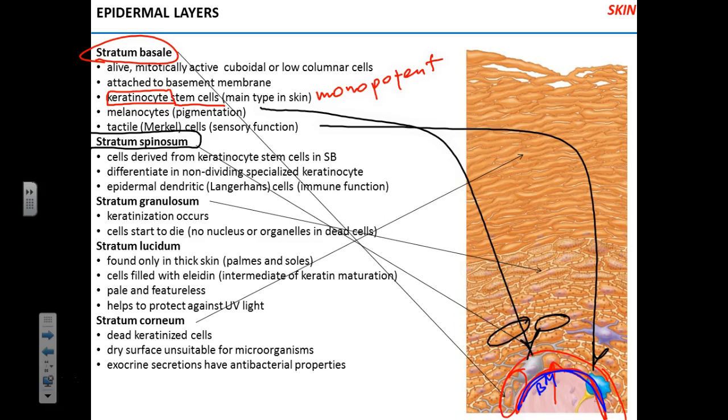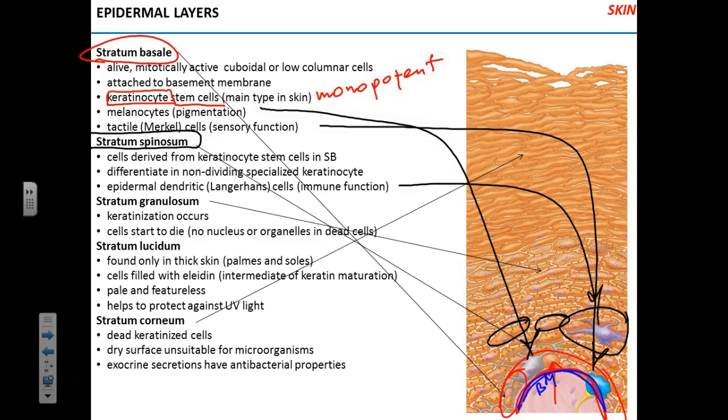Is that clear? Along with those non-dividing keratinocytes, you can find Langerhans cells, shaped sort of like a starfish.